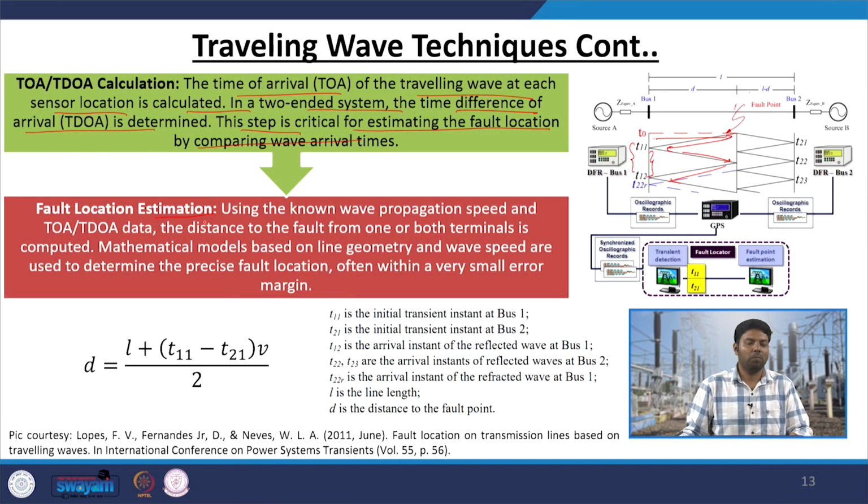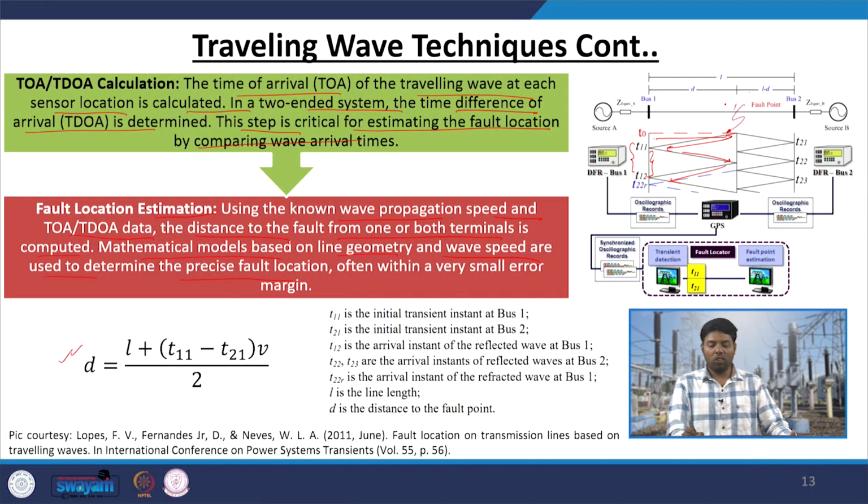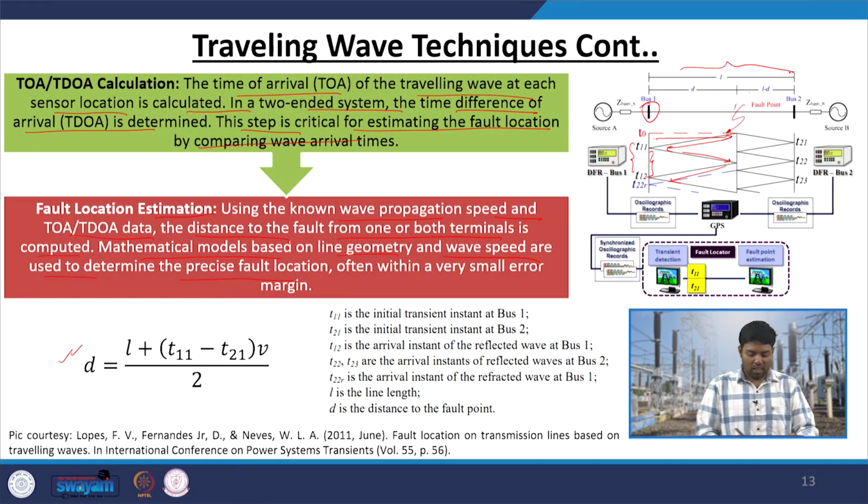Depending upon that, the fault location is estimated. So, using the known wave propagation speed and the TOA data, the distance to the fault from one or both terminals is computed. Mathematical models based on the line geometry and wave speed are used to determine the precise fault location, and this is the equation if you want to see the fault from bus 1. If this is your total length L, then L plus how much time it is taking to come back and go: L, T11 minus T21.